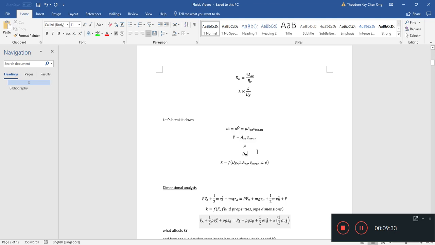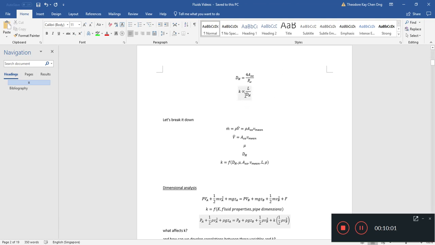So if we say mass flow rate, we are implicitly saying all these are affecting. If we are listing down variables that affect it, we don't want to repeat them, because that will mean the K being a function of more of these things, and we don't know what's going to happen. It's going to be very complicated for us to try and simplify things down.